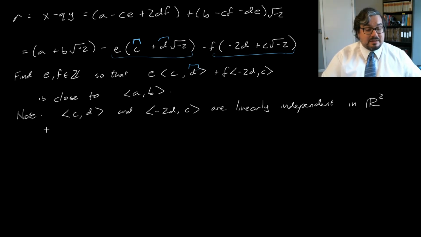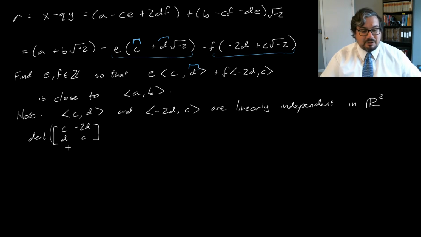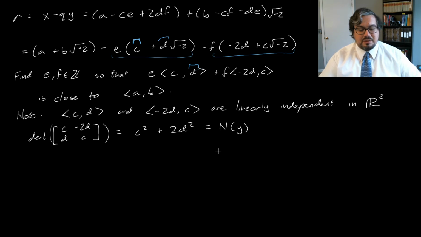The easiest way to see that is by checking that if we put these vectors into a matrix, then their determinant is non-zero. So the determinant of the matrix with columns c, d and negative 2d, c is equal to c squared plus 2d squared, which is the norm of y. And in particular, that means that it's not 0 because y is not 0.